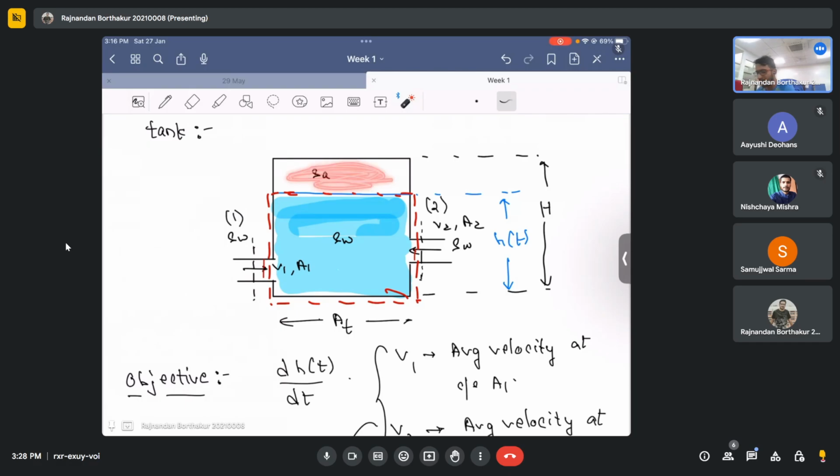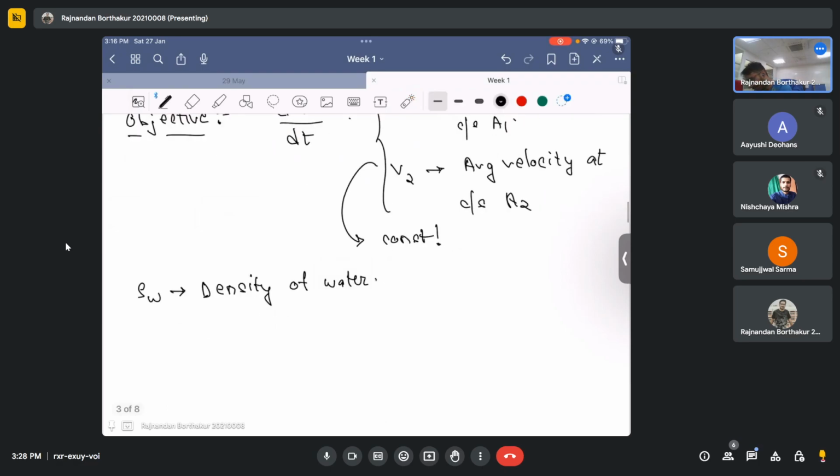This rho A is basically the density of air that is above the water height inside the tank.